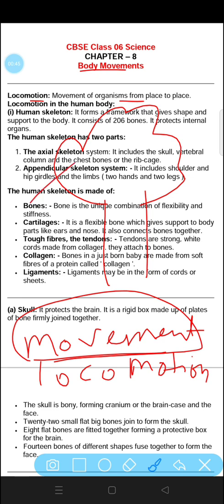So this is called movement. And locomotion is to move from one place to another place, like any cow or dog moves from one place to another place. So plants cannot show locomotion, whereas plants show only movement.